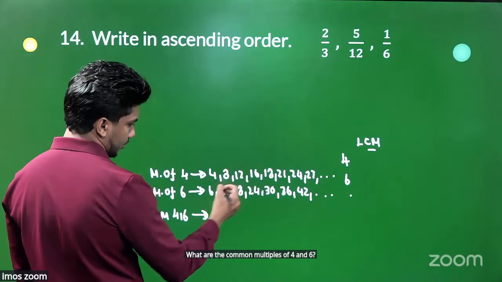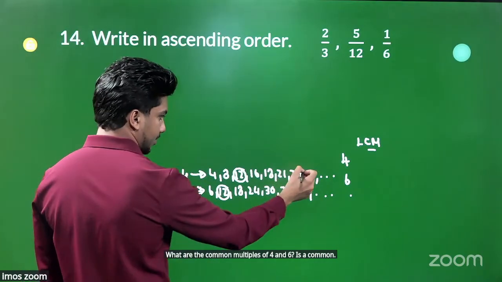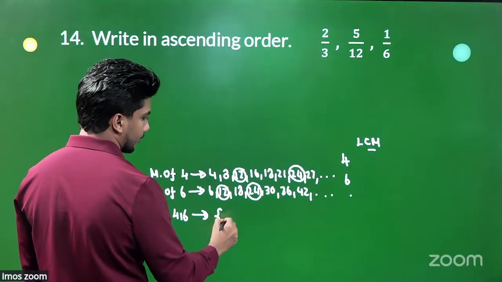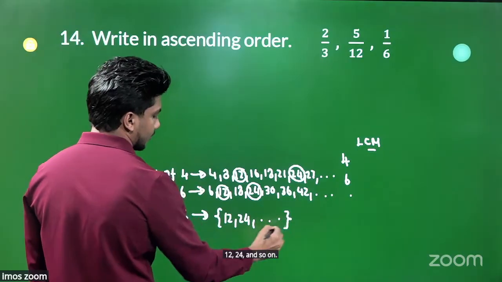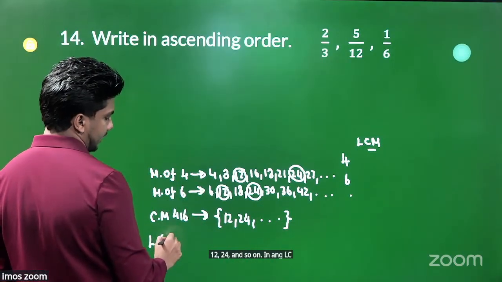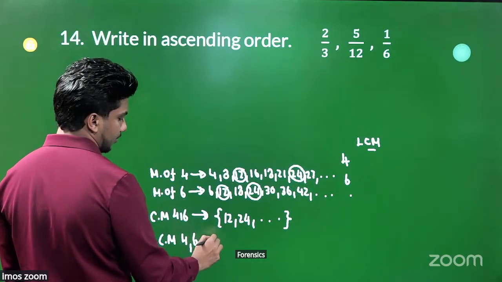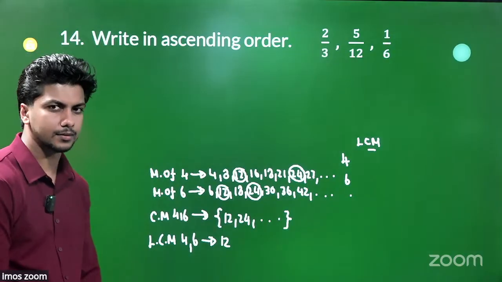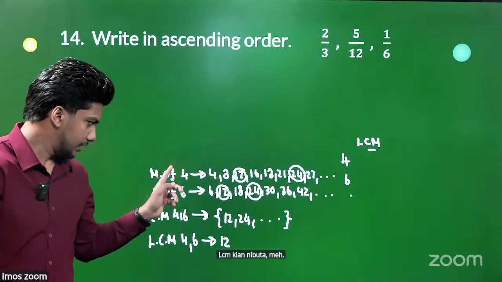12 is a common multiple. 24 is common. Going further, we get many more. 12, 24 and so on. Then what is the LCM, the least common multiple, of 4 and 6?